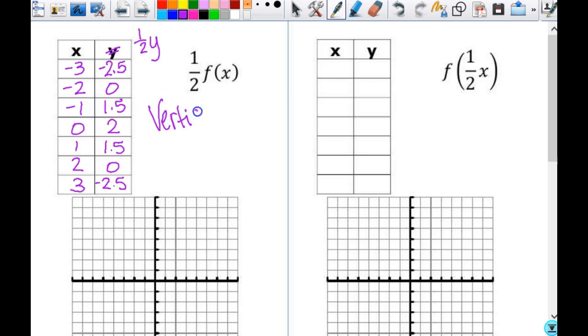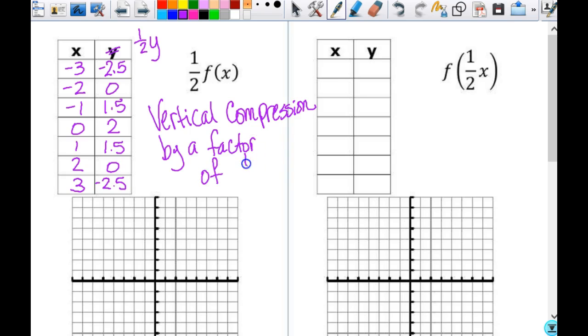Okay, so this, because I'm changing the y, this is a vertical something, right? So it is a vertical compression, good, because I'm squishing it by a factor of 1/2. Okay, everybody all right with that? And then we plot it. So -3, 2.5.